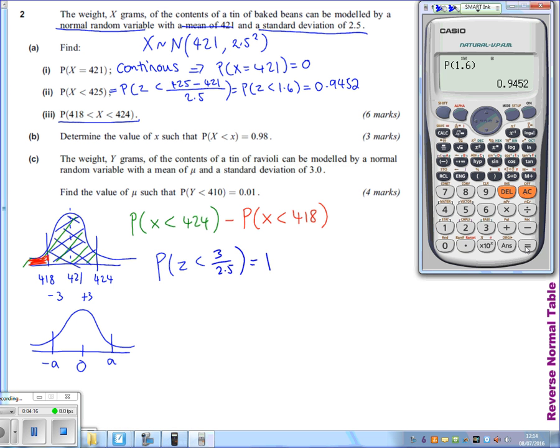So I need the probability z is less than 3 over 2.5, which is 1.2. So that's the z value I need to look up. So I can do that on my table, or I can do it on the calculator like we just did. So we use shift and stats menu, number 1, distribution, probability being less than 1.2. 0.88493.